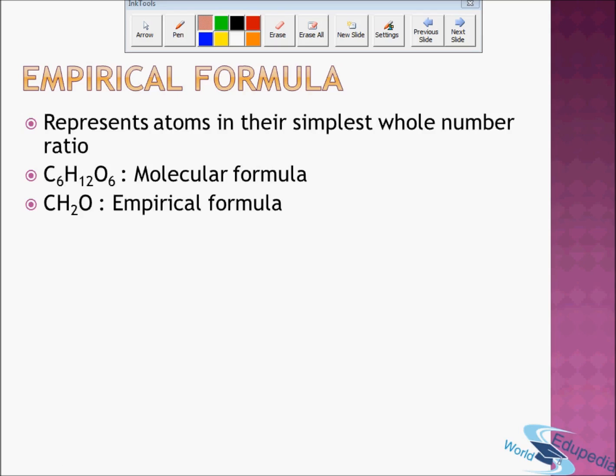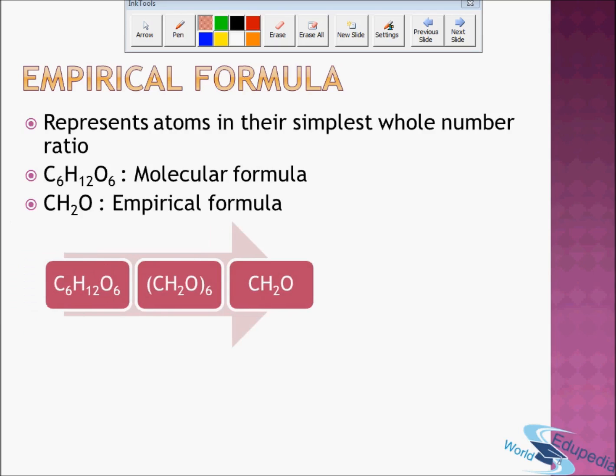To calculate empirical formula, first we write the molecular formula, that is C6H12O6. Then we see the highest common factor which we can take from all the elements of the molecule, and we took that factor outside. It is common in all three elements, so I can write glucose as C6H12O6, or I can write it as CH2O with 6 in the subscript.